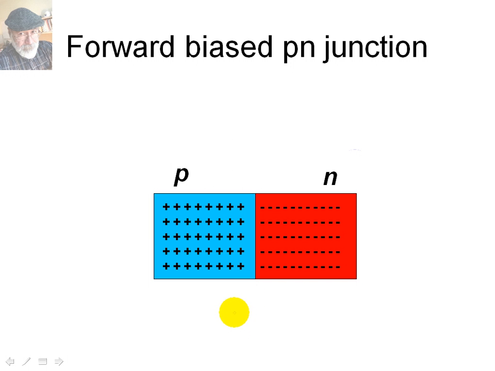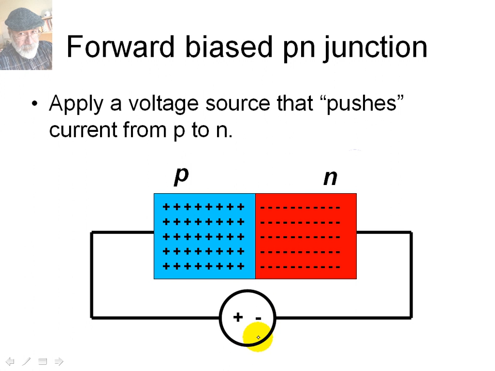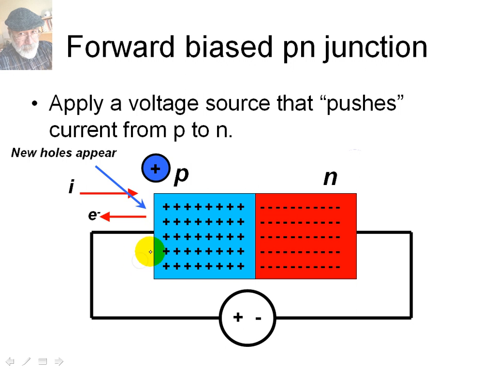Now let's see how that p-n junction works when we try to pass currents forward through it from P to N. We apply an external source like so that pushes, if you allow me to use that word, current from P to N. That tries to get current into the P material, which effectively means that it's pulling electrons out of the left of the P material, and by doing that, it's creating new holes in this region of the material, increasing the density of holes on the left-hand side of the P material.